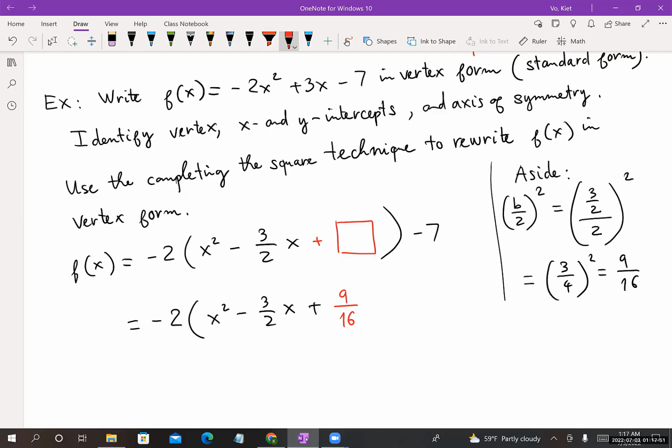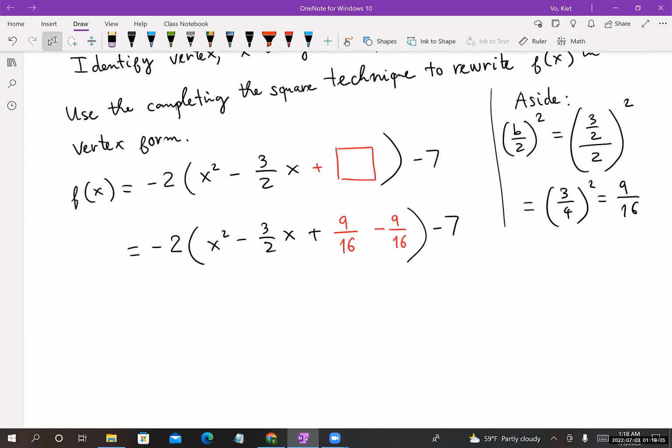And then because we're adding 9/16, we're going to have to subtract that 9/16 as well. So I'm going to write subtract 9/16 there, just to make sure we're not changing anything. When you add 9/16 and you subtract 9/16, that means you're adding 0. So we're not changing the function at all.